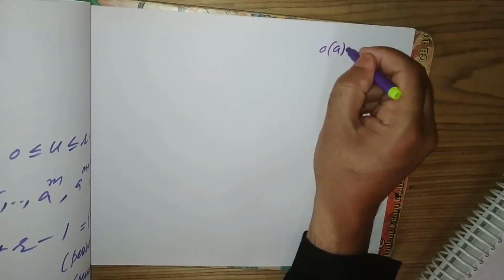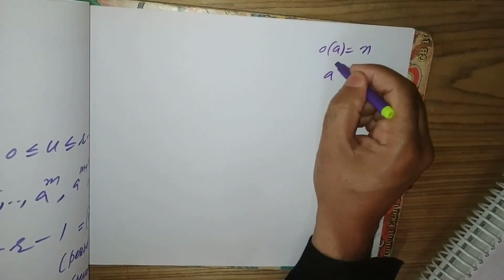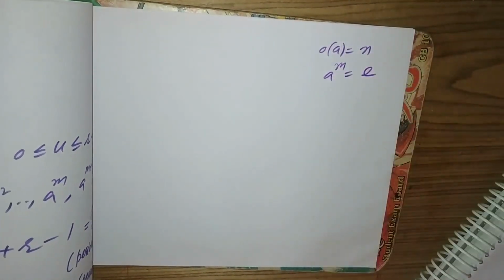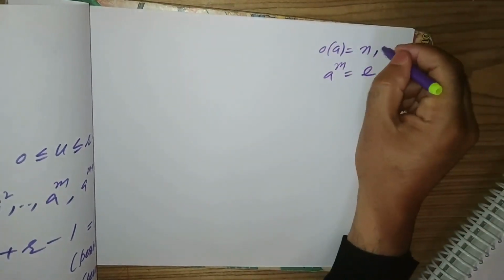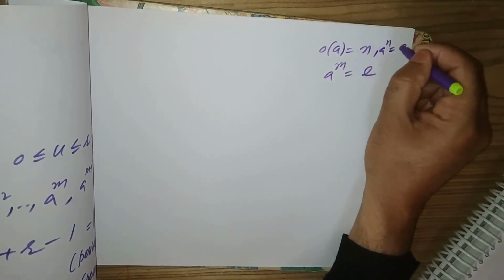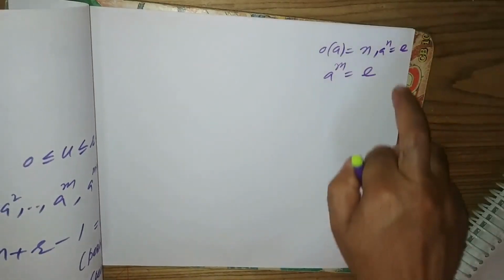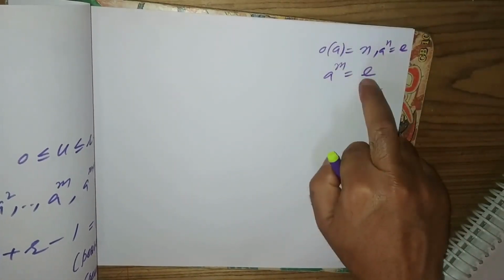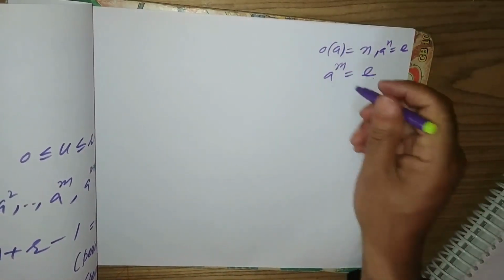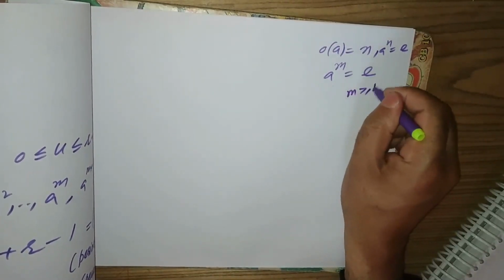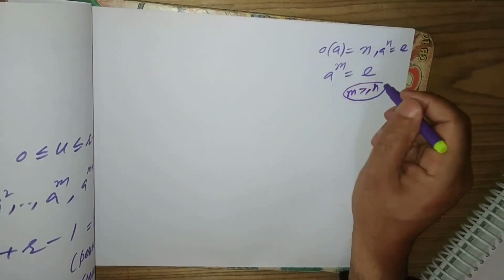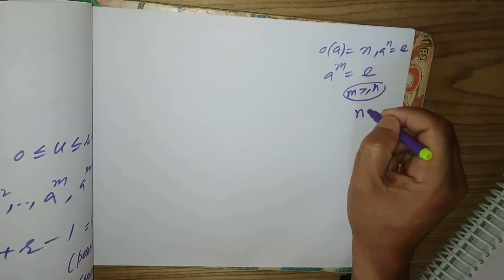As in case of groups, when a is an element of finite order, suppose order of a is equal to n, and if A power m is also equal to e, since A power n is also e, because order of a is equal to n, but this n is the least, and A power m is equal to e, m is also a positive integer, so that means m is greater or equal to n. Then we apply the division algorithm, and we can see that n divides m.